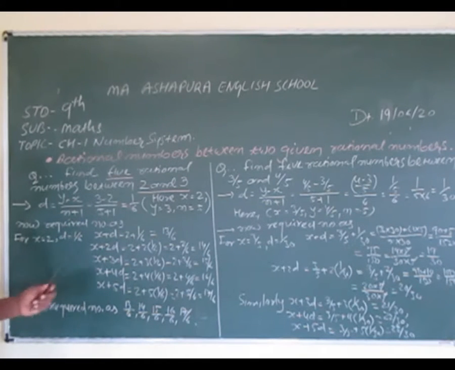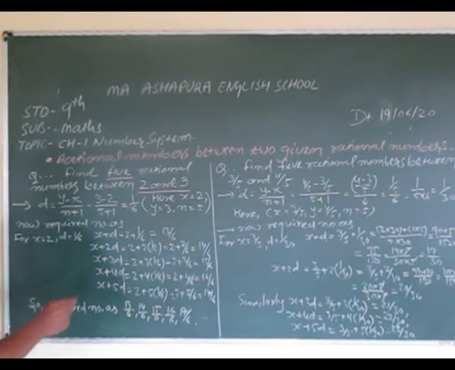Now we require numbers with x equal to 2 and difference 1 by 6. First of all we find the first required number. So put the values of x and d in the formula x plus d. X is equal to 2 and d is equal to 1 by 6.